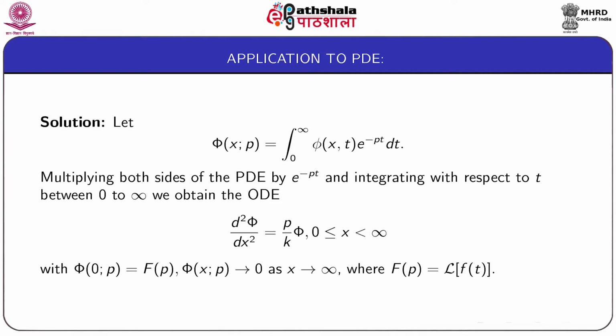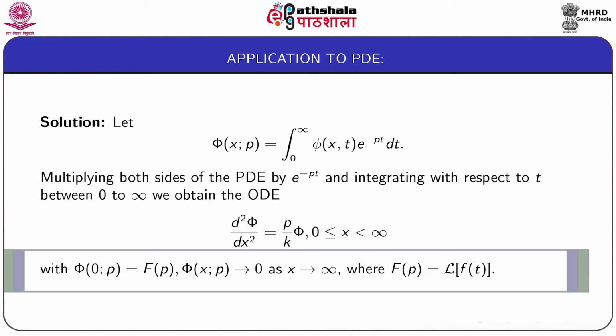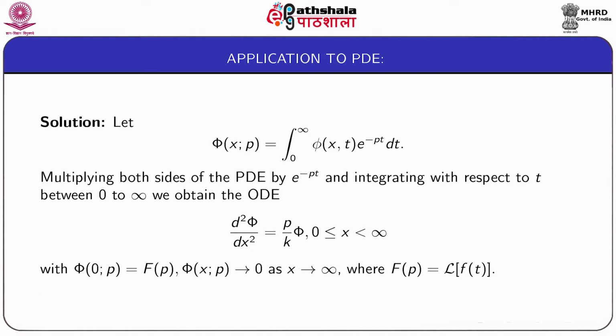Again, if we take the Laplace transform of the boundary condition at x equal to 0, then we obtain Φ at x equal to 0 equal to F(p), and also taking the Laplace transform of the other boundary condition, we see that Φ(x,p) tends to 0 as x tends to infinity.